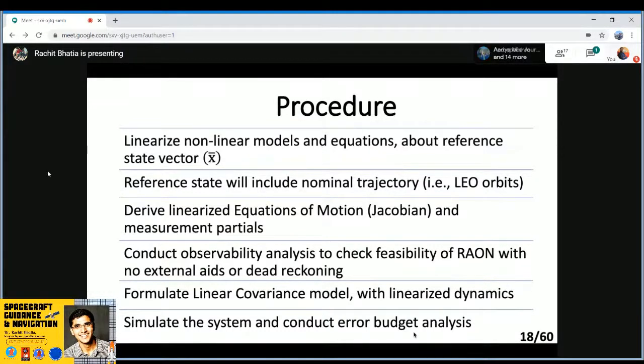If I have 3 accelerometers, what is the final error in the position? If I have 6 accelerometers, what is the final error? And I'll also check which parameter is contributing to that error. We'll talk about all of that, but that is the overview of the problem that we are solving.